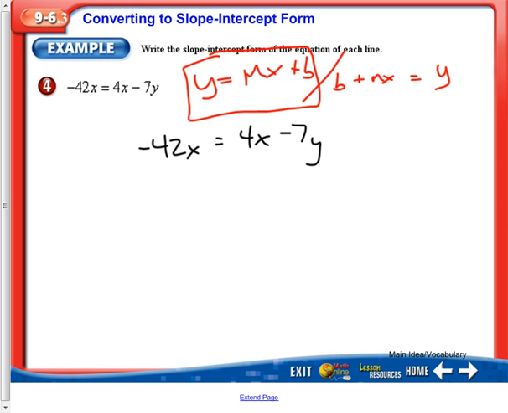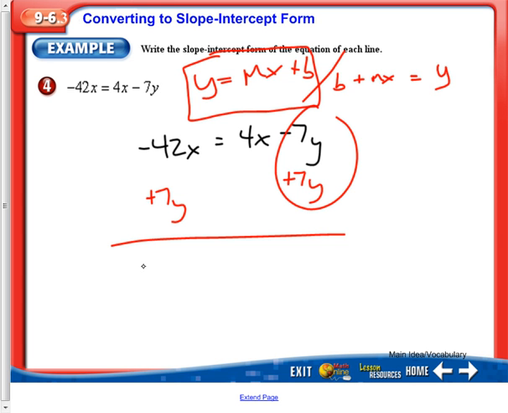So I guess for the sake of doing this, I'm going to go ahead and add 7y to both sides. That'll get rid of it over here, and then I'm going to have 7y minus 42x equals 4x.